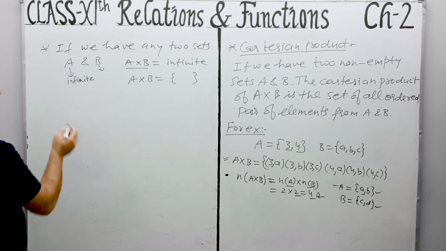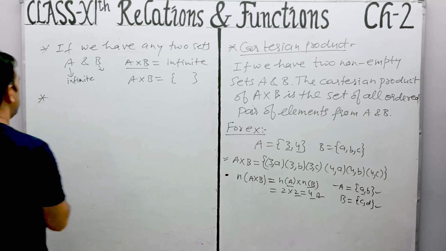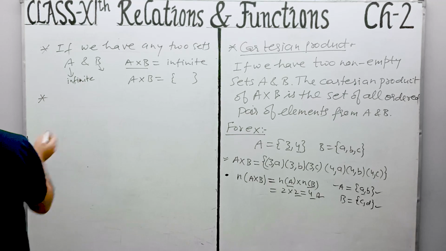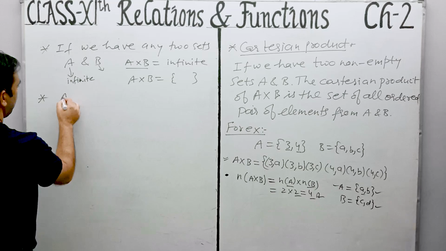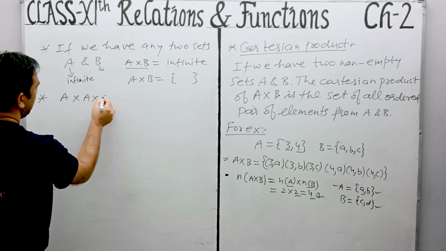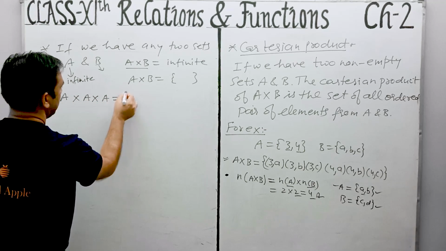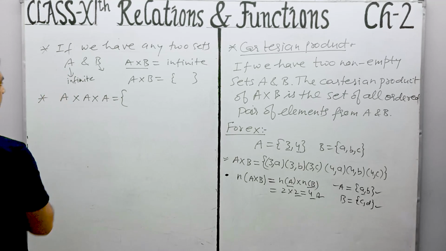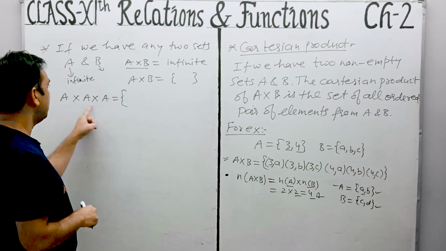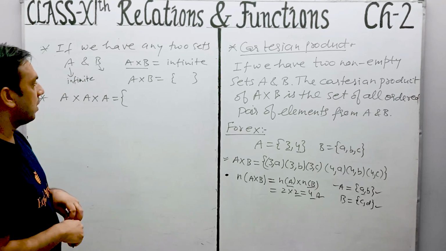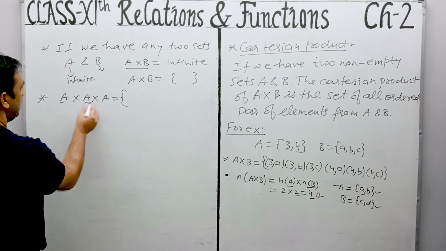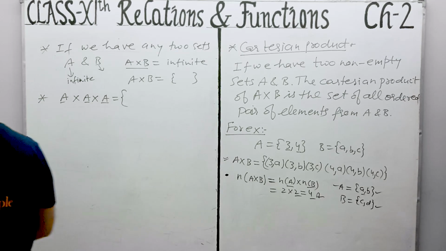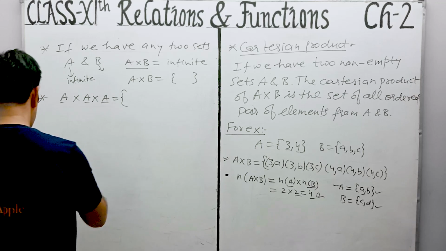Now we will come to the next topic. That is the triple Cartesian product of any set. If we have any set A and want to find the Cartesian product of this set with itself three times, we can take one example.